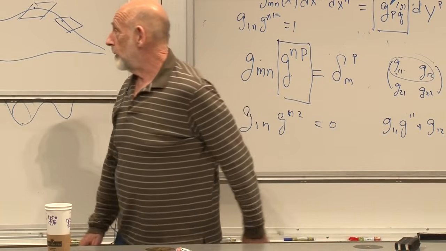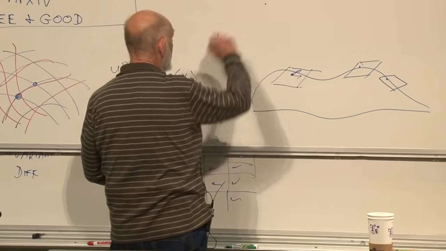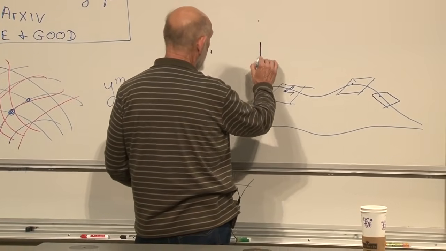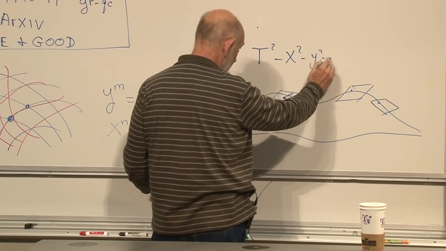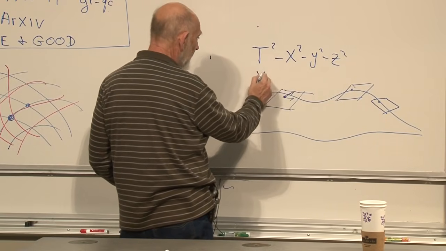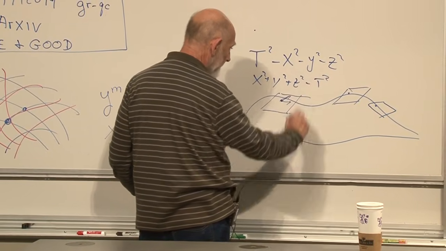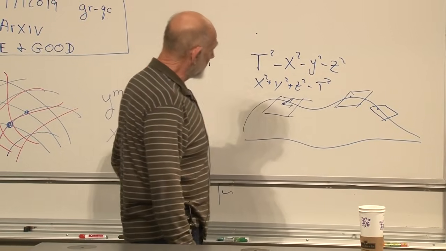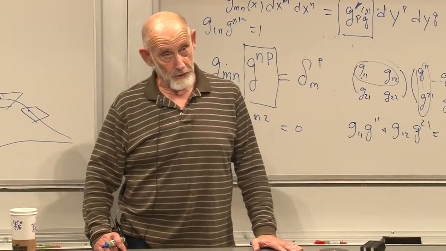And why is that? Because if you remember from special relativity, the space-time distance between 2 points is t squared minus x squared minus y squared minus z squared. Or, depending on convention, x squared plus y squared plus z squared minus t squared. So in general relativity it's not positive definite.